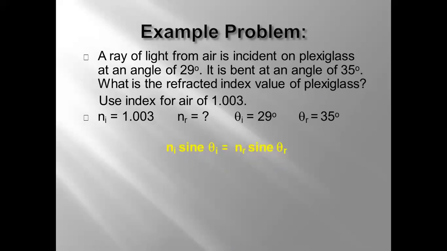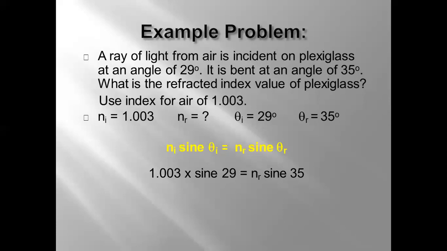Now let's proceed with the solution. We're going to use the Snell's law formula: Ni sine theta I is equal to Nr sine theta R. Now let's plug in the values. Ni is 1.003, sine of the angle of incidence at 29 degrees, is equal to Nr multiplied with sine of 35 degrees, the angle of refraction.